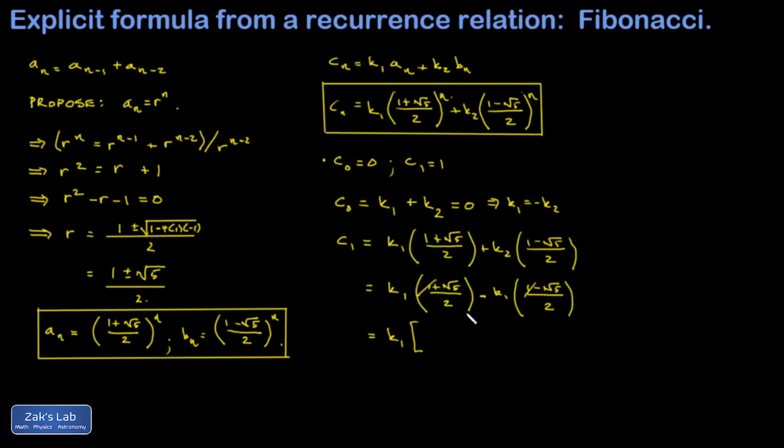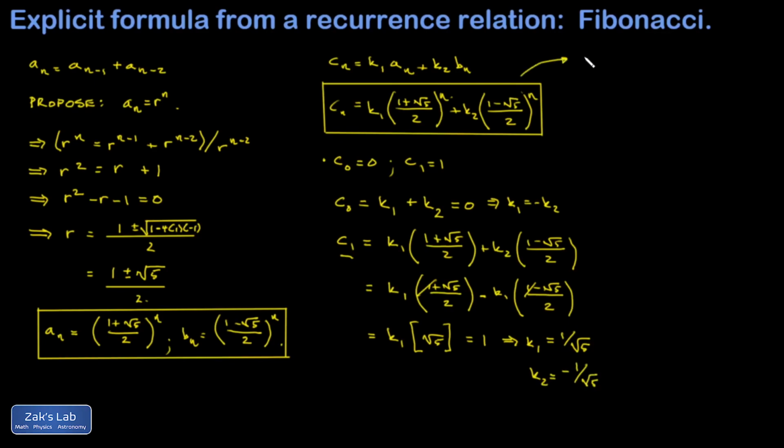Then I have a root 5 over 2 minus negative root 5 over 2, and that simplifies to root 5. And again, we were told c_1 is equal to 1, so all this is equal to 1. And I find k1 is 1 over root 5, and k2 is the negative of that, negative 1 over root 5.